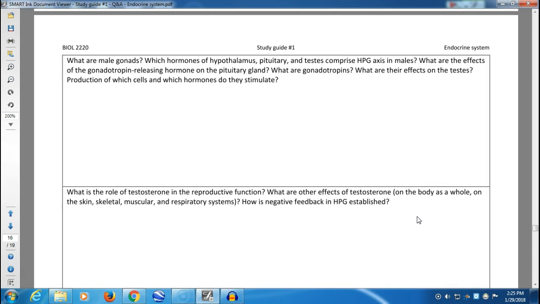Nope, because testosterone acts on seminiferous tubules. Testosterone is necessary for the sperm maturation. Okay. Well, sperm cells or follicles, testosterone, estrogen.